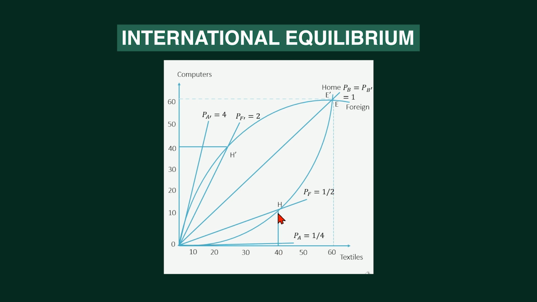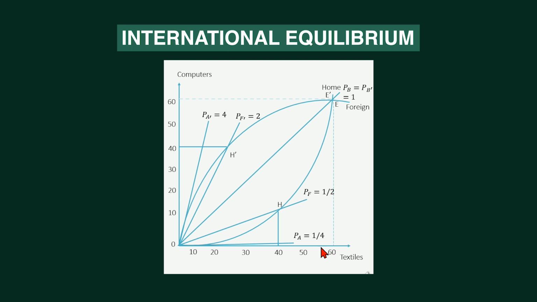If you extend this line until it reaches a point where the line intersects with the foreign offer curve, what is the implication? This 40 units of textile matches with the demand of 40H units of computer. So the home demands 40H units of computer in exchange for 40 units of textile.